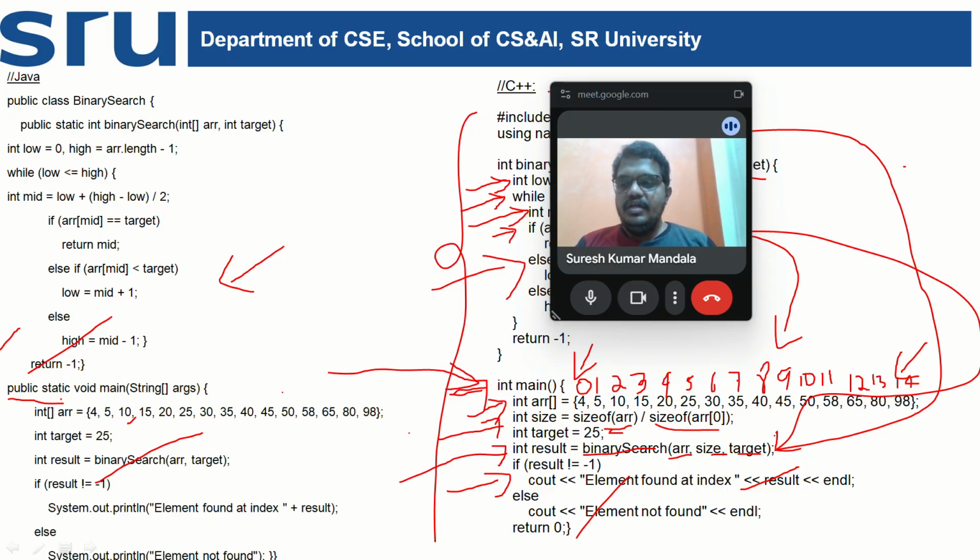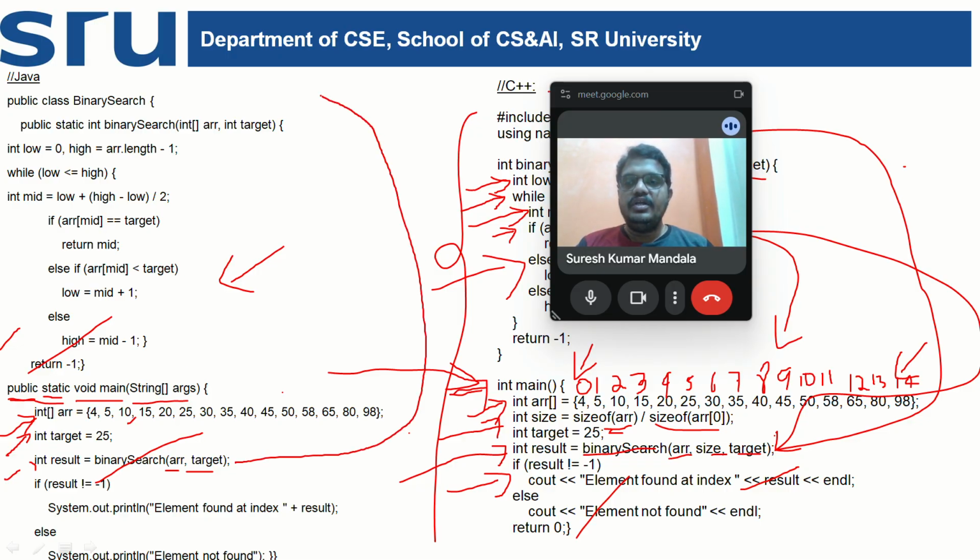Coming to Java, we have some extra keywords: public static void main, and a predefined parameter called String args. And a similar example: the array declaration and target are the same, int result also the same. What is the change here? We are passing only two parameters to the particular binary search.